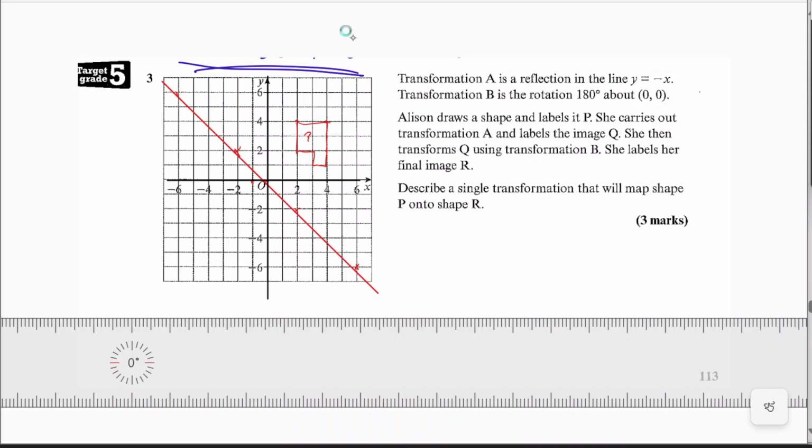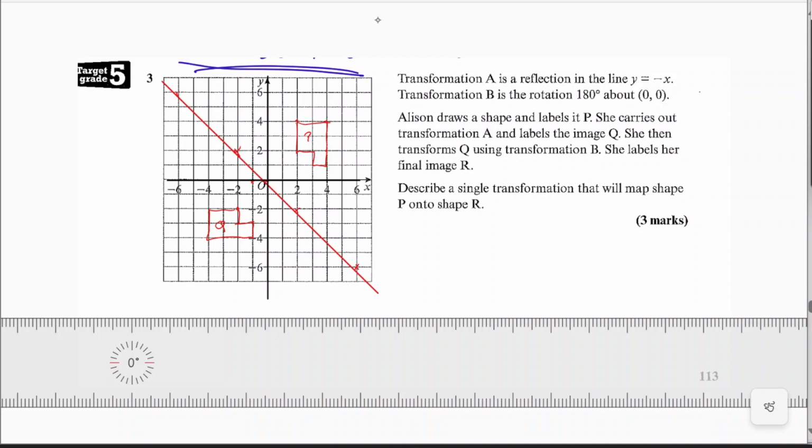So that would take this point to here, this point to here. Labels it Q, and then do the rotation of 180 degrees about the origin.